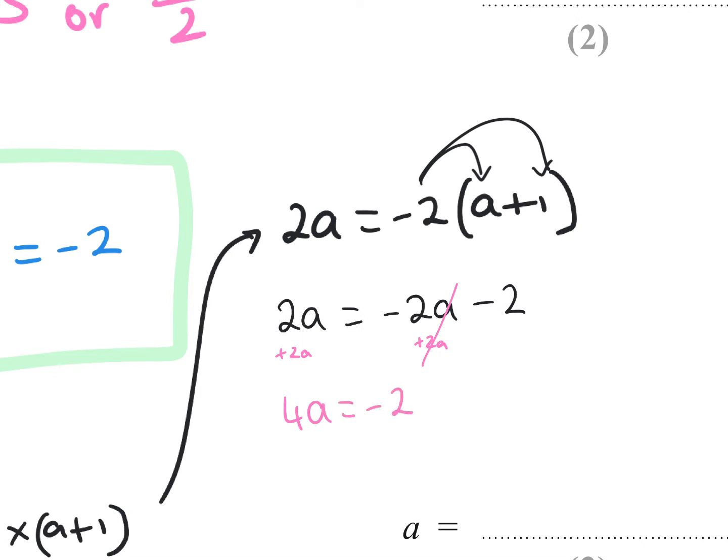How do I now find a? Just divide by 4. Yeah, divide both sides by 4. Because remember, 4a divided by 4 just leaves me a. And then minus 2 divided by 4 is minus 2 over 4. We're going to simplify that to negative a half. Or some of us might be comfortable with writing minus 0.5.